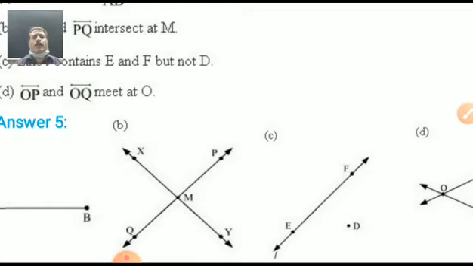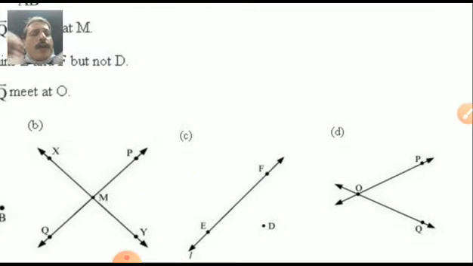Line OP and line OQ meet at point O. See students, OP and OQ, can you find one thing here? In the above example, XY and PQ, point M is given. XY and PQ, both lines are separate, nothing is common. But here in question D, OP and OQ, one point is common, point O. That is the common point we can represent this way.